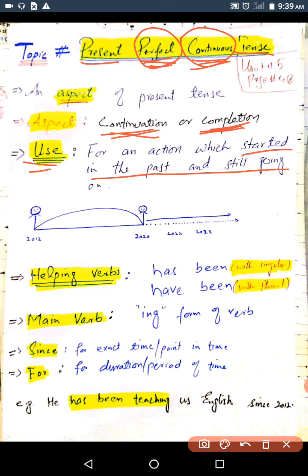That is why I included this: this tense is used for such an action which started in the past and is still going on.